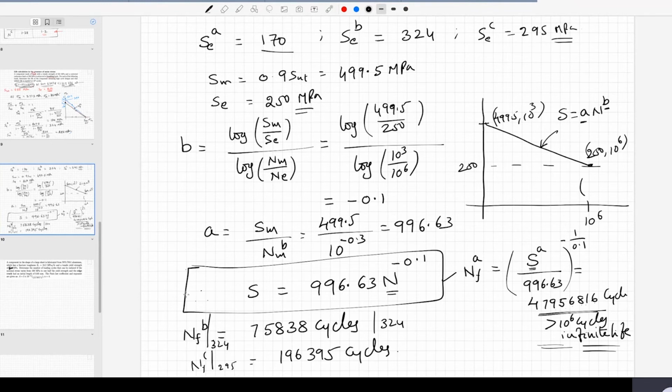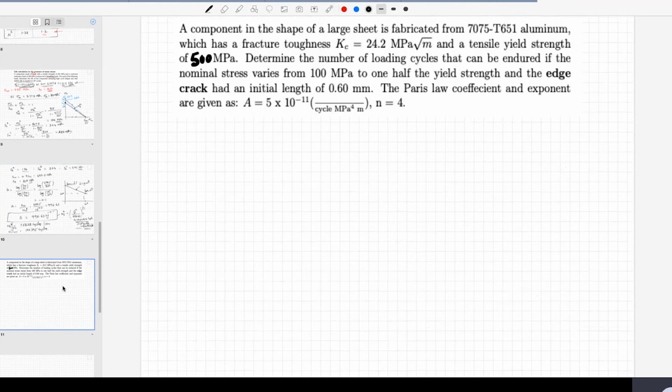Okay, so that's about how do we go about dealing with the effect of mean stress. Let's look at one last problem for today's discussion, which is basically the crack growth rate depending on the Paris law.